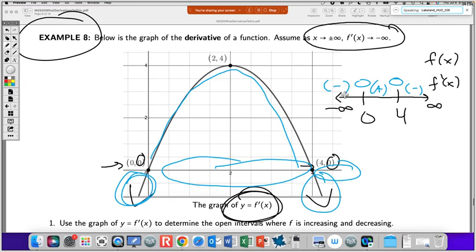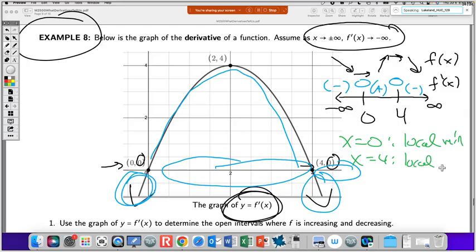If the derivative is negative, the original function is what? Decreasing. And then it flattens out, and then it increases, then it flattens out, then it decreases. Okay. So what's going on at x equals 0? We have a local what? Min. What's going on at x equals 4? A local max.